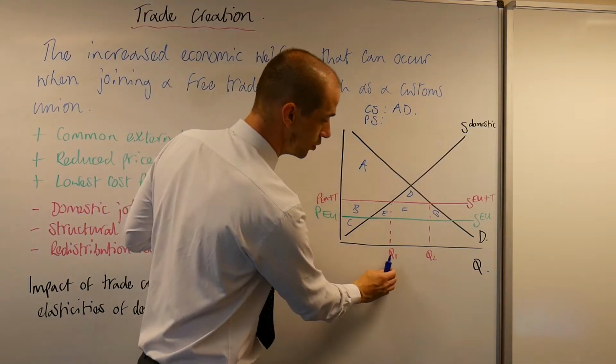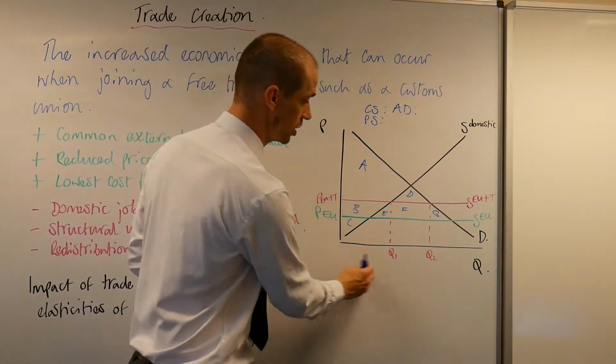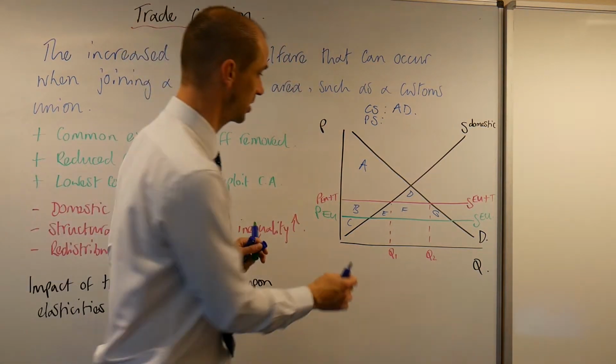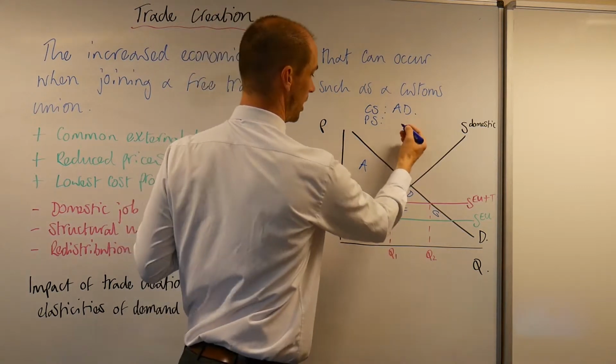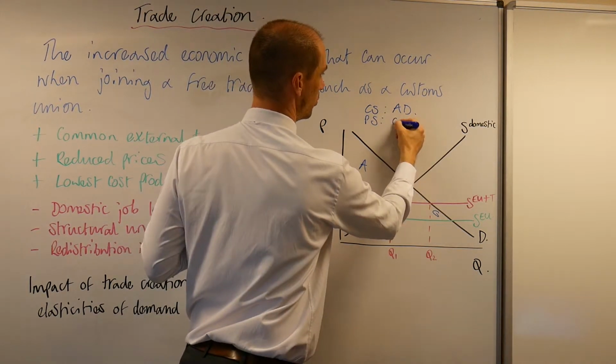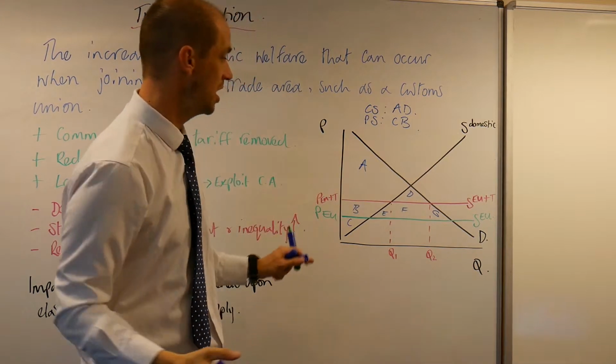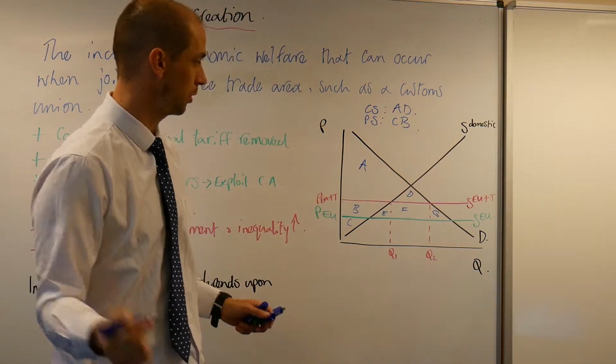Now, domestic production would take place up to point Q1 here, and we would see C and B as our area of producer surplus.